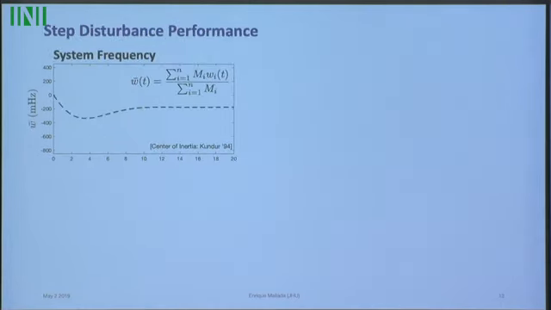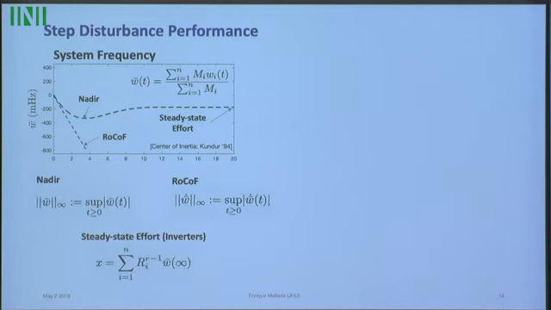Okay, and we're going to use the system frequency to define all these metrics that we mentioned before: Rokov, Nadir, steady state. And by the way, we can put them in the nice formulations that I said before. The Nadir is the largest deviation of the system frequency. The Rokov is the largest deviation of the derivative of the system frequency.